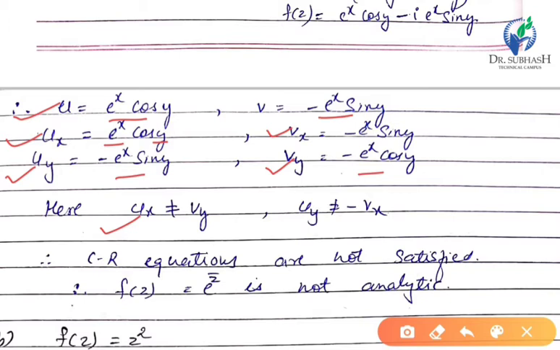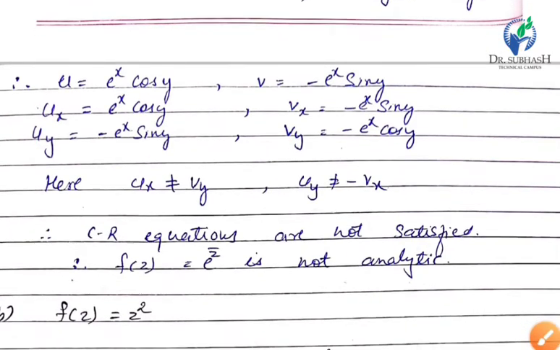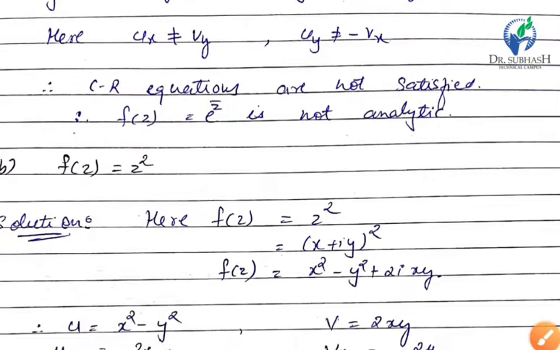Here the sign should differ, but we have both the same sign. So again uy is not equal to -vx. So CR equations are not satisfied and hence the function f(z) = e^(z bar) is not analytic.